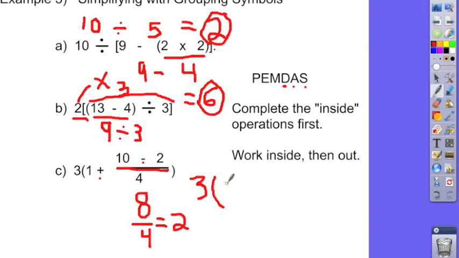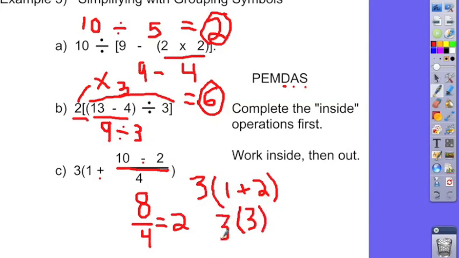And if we add that to our 1, let's just rewrite our work over here. We have 3 outside the parentheses, and then we have the 1 plus inside of the parentheses, and we know that 10 minus 2 over 4, we already simplified that to 2. So now continue our work inside the parentheses. 1 plus 2 is going to give us a value of 3, and I'm going to keep that inside my parentheses.